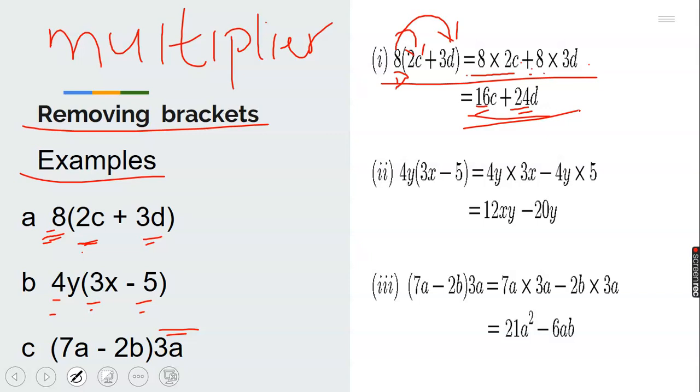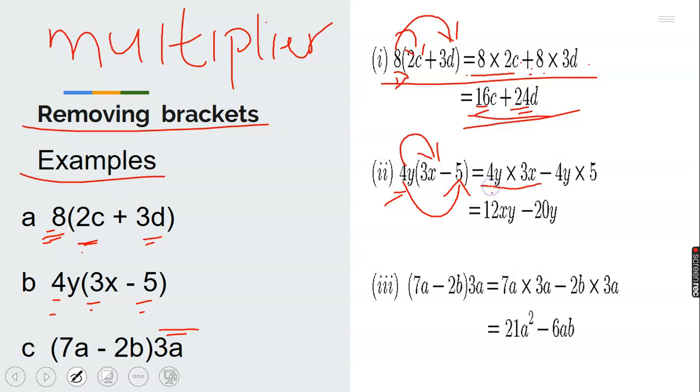This multiplier is 4y. You use 4y to multiply the first term in the bracket, then use it also to multiply the second term in the bracket. Now, look at 4y times 3x. Look at the minus, you put it back there. Minus 4y times 5.